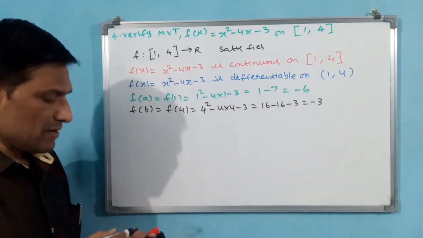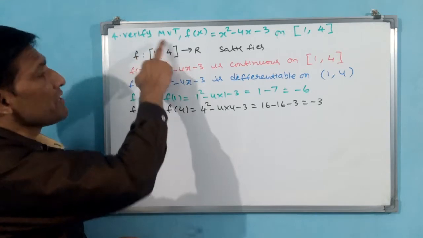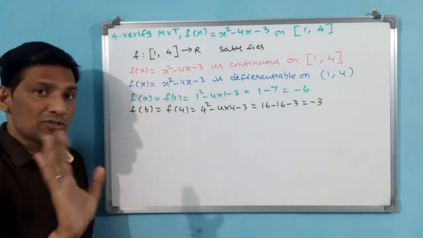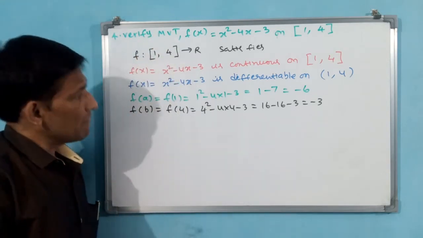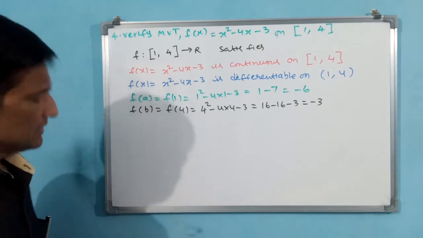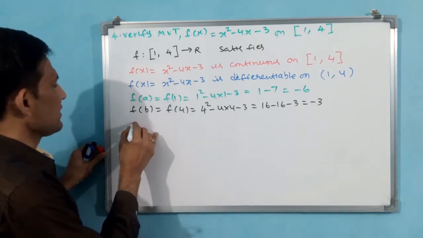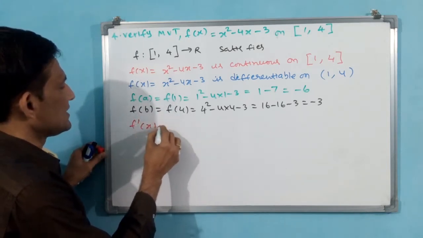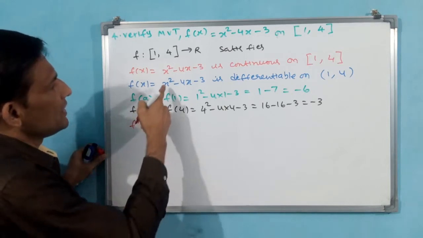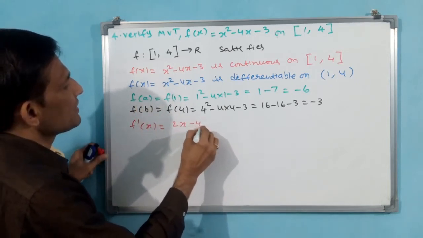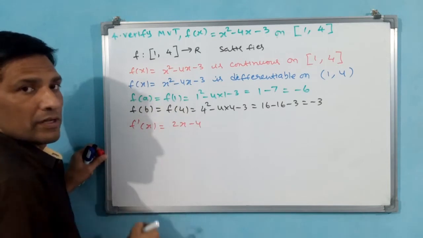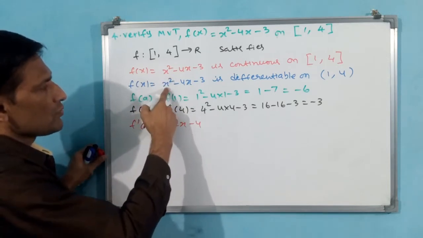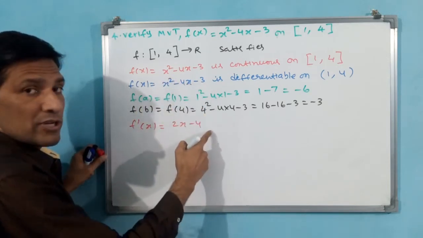Okay, f of b and f of a. For the mean value theorem, f of a is not required to be equal to f of b. But for the mean value theorem, what is the condition? You see, first I am writing f dash x. You find first f dash x, the derivative, 2x minus 4. Is it okay? The derivative of x square is 2x, of 4x is 4, and of the constant is 0.